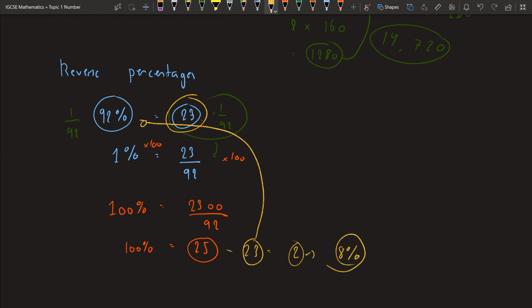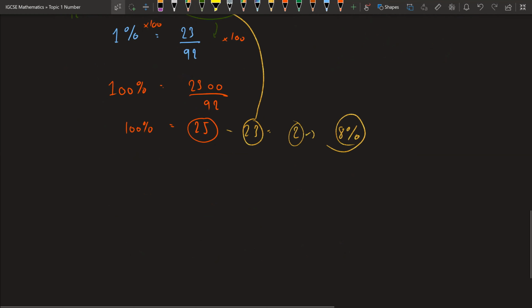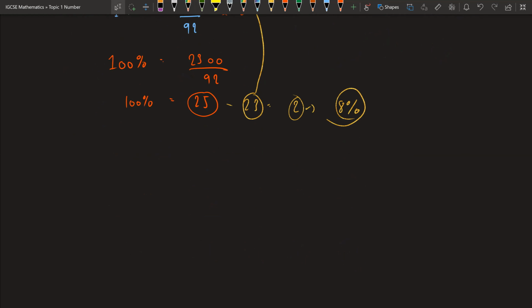Another example of reverse percentage is, let's say you sold your phone for 15,360. You sell it with a profit, and the profit is 15%.